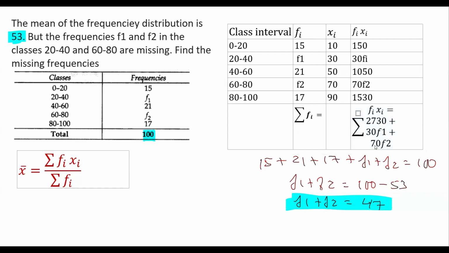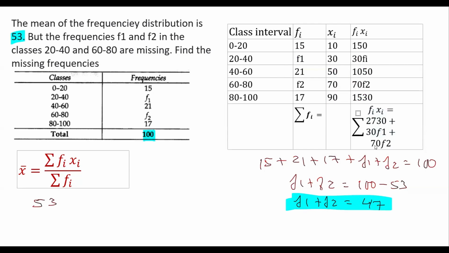Now I'm going to use this mean formula in order to get the second relation. So what is the mean? As you can see from the question, the mean is given as 53 here, right? So I'm going to replace this x bar with 53.